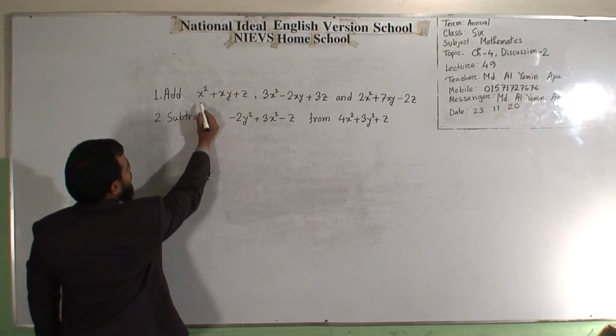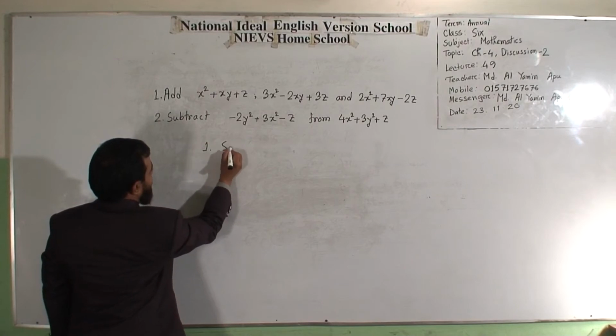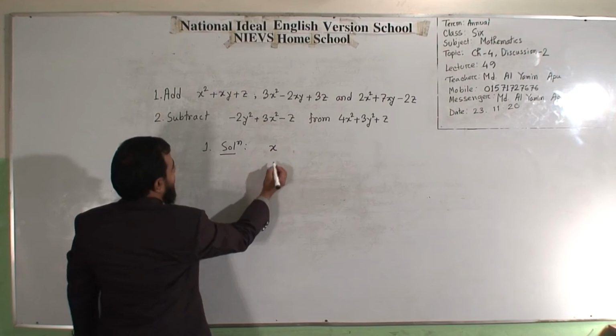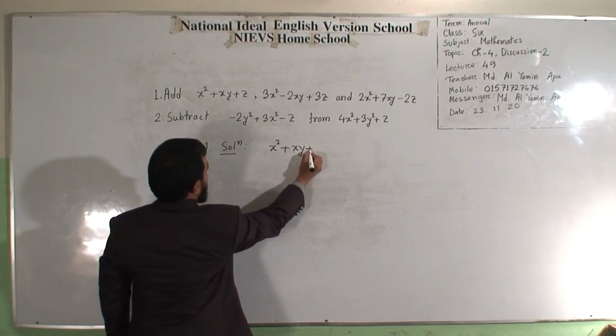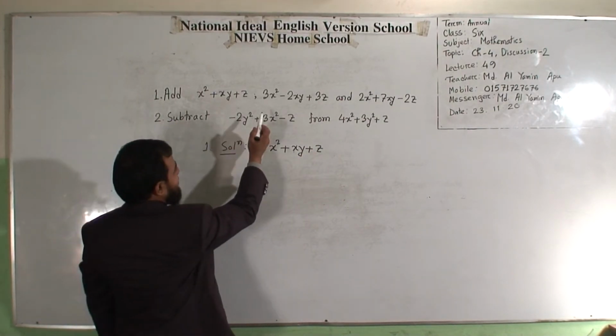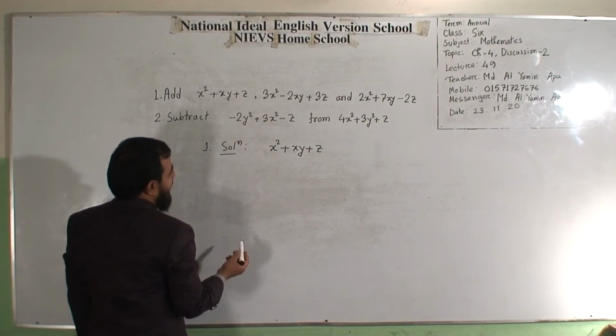First of all, we need to write down the first expression to add these, okay? Number 1 solution: first of all, we write down the first expression, x square plus xy plus z. Now the second expression is 3x square.